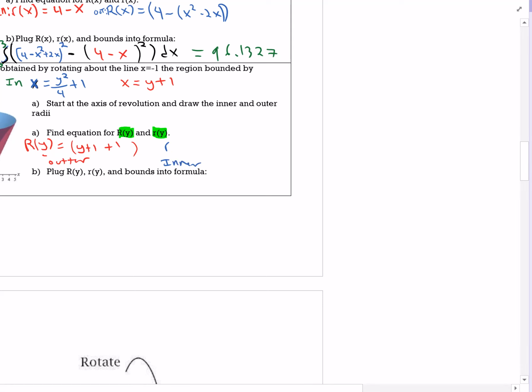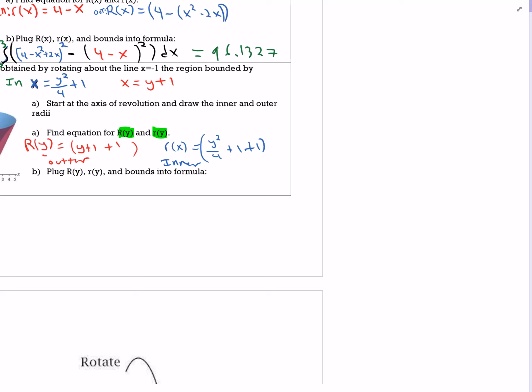The inner one was y squared over 4 plus 1. That y squared over 4 plus 1 will give me the distance from the blue one to the y-axis, and then again we need to add another 1 unit because the axis is shifted over 1 unit, right? So you can imagine if the line were at like -4, we'd be adding 4 instead of 1.